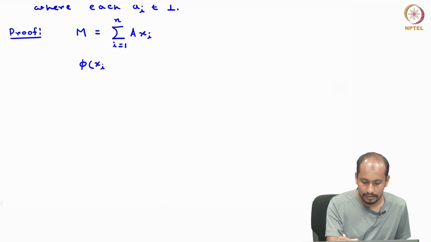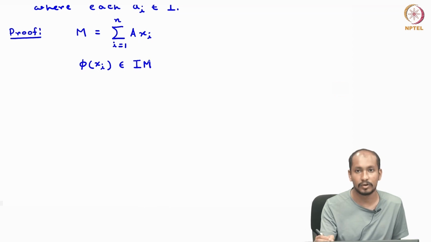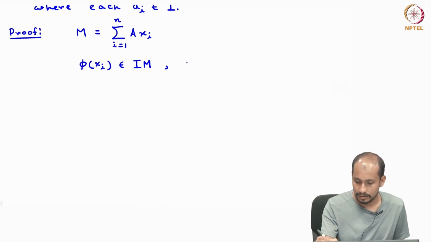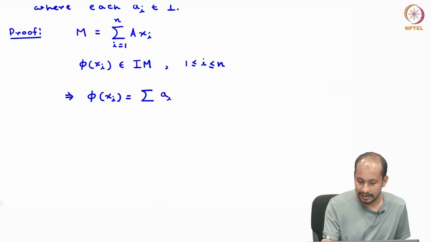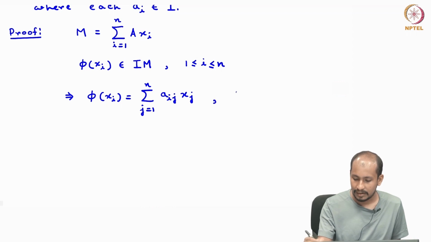So phi of xi will be inside this submodule I times M. This is true for each i from 1 to n. So we can write phi of xi as summation aij xj, where j runs from 1 to n, and each aij is inside the ideal I. This is true for all i from 1 to n.